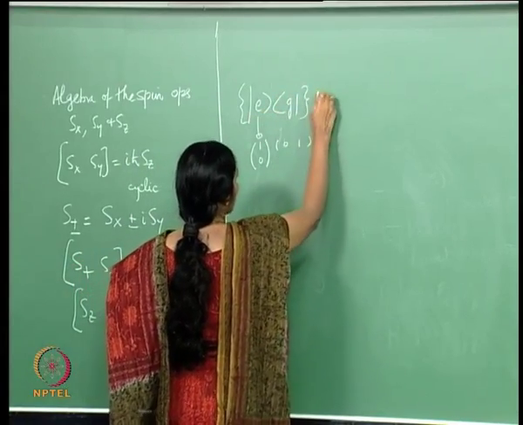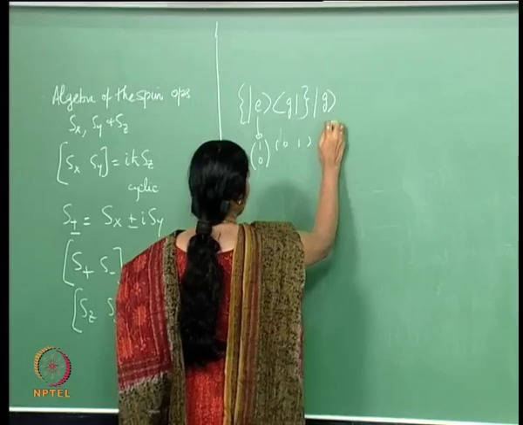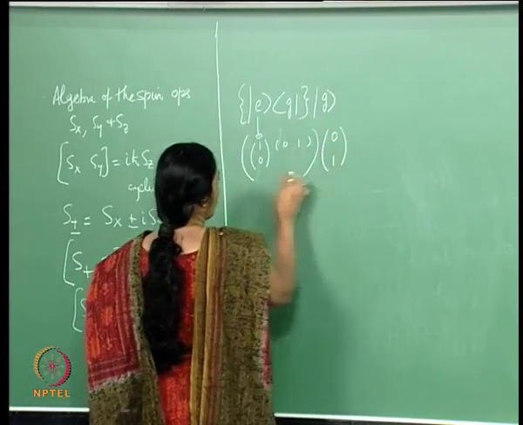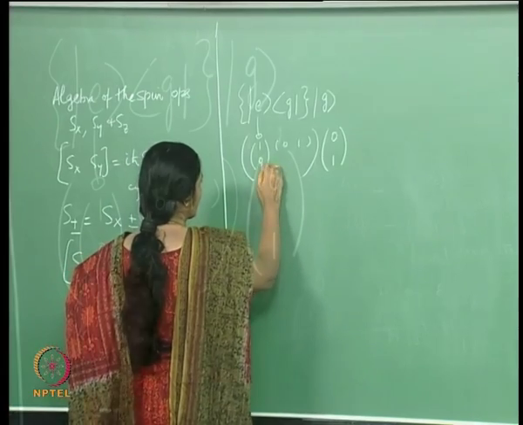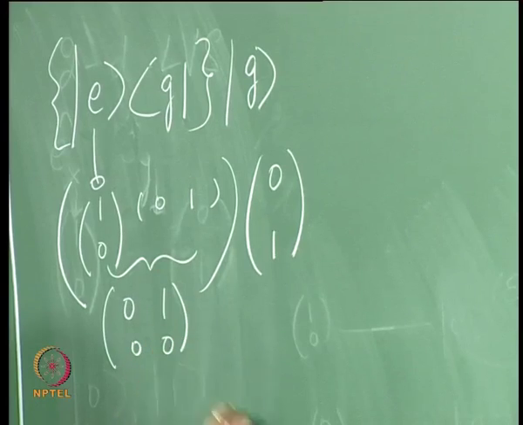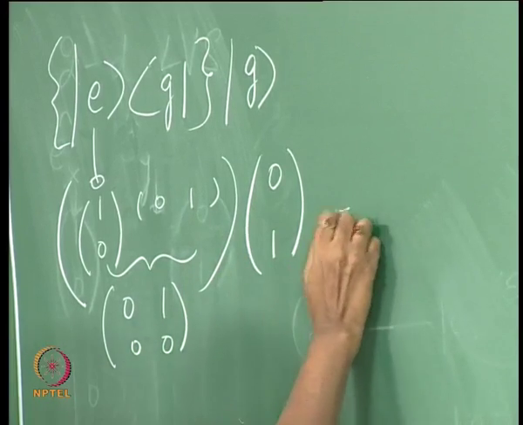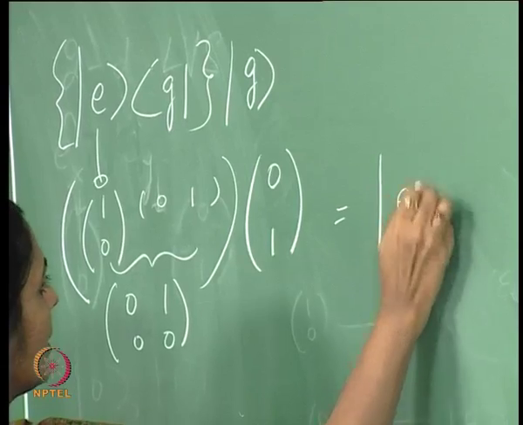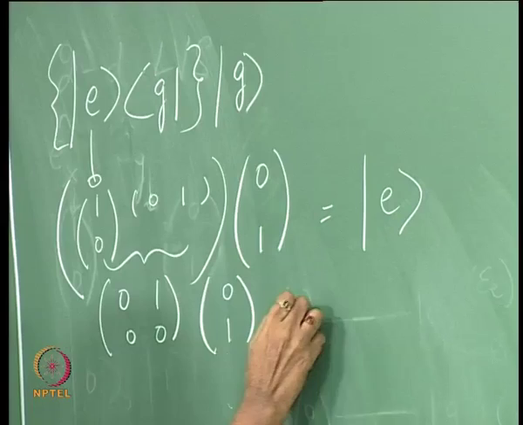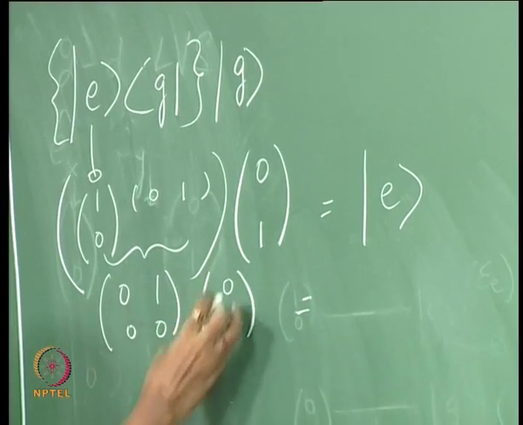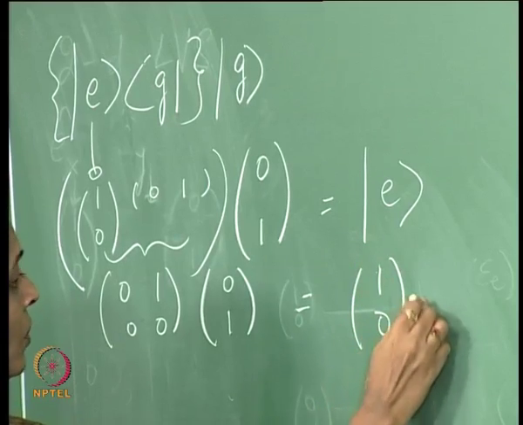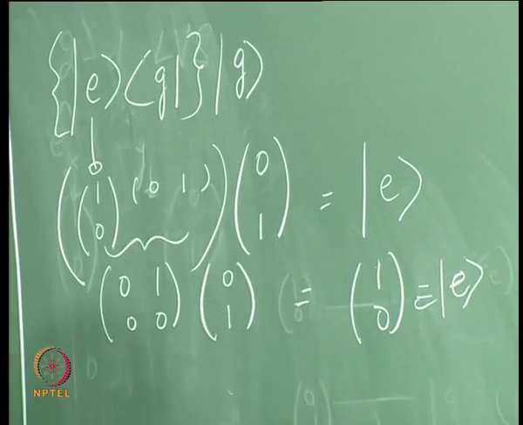The action of this operator on ket G, which is the same as the action of this matrix, and this matrix I write right here on 0, 1, is simply ket E, because the action of this matrix on that column vector is 1, 0, which is identical to ket E.